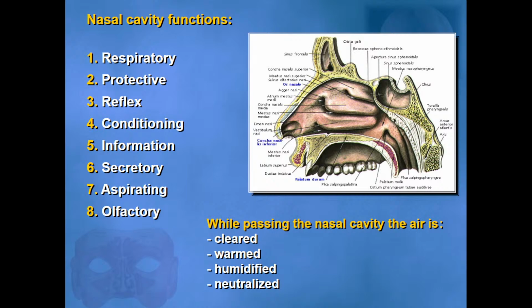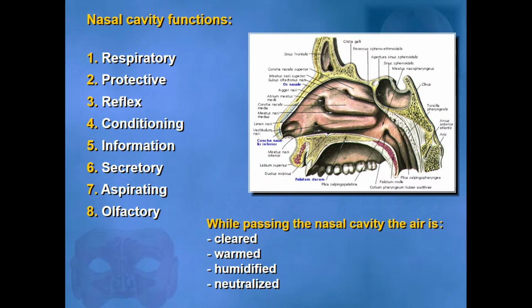Information: some elements of the nasal mucosa are part of the immune system. Through the nasal cavity mucosa, our organism contacts different sorts of antigens, and we receive information about these antigens through the mucus of the nasal cavity. Secretory is the production of mucus.